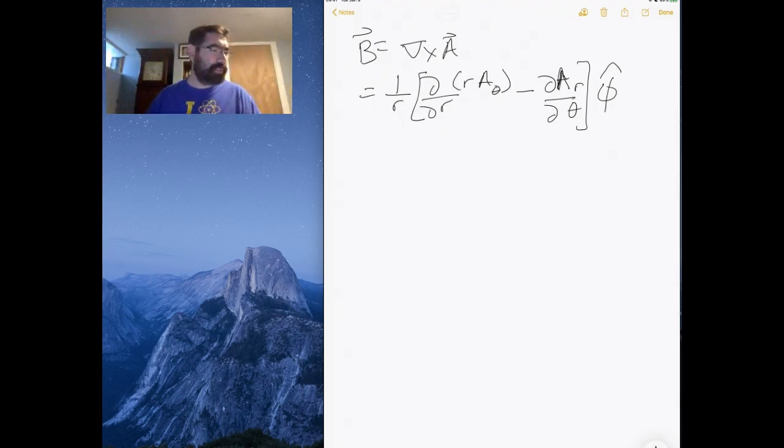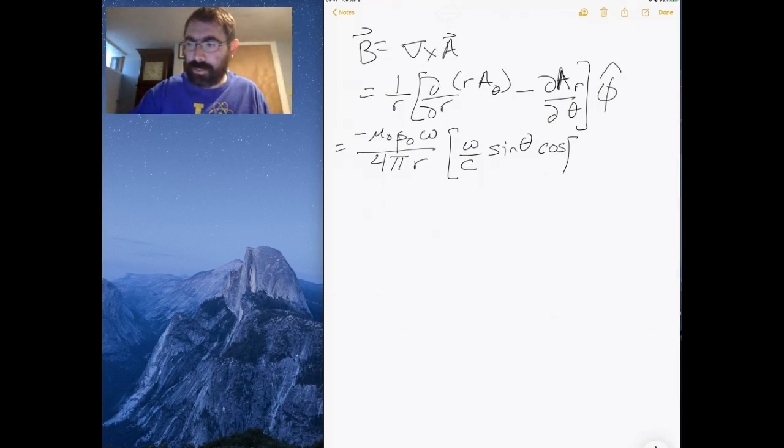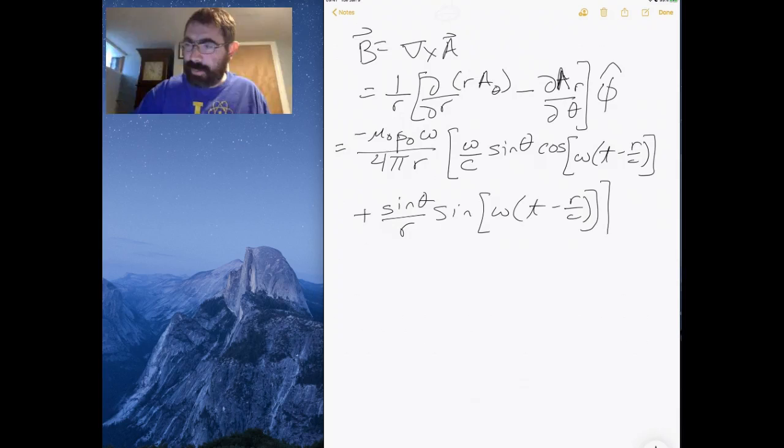Okay, so if we now want to work that out, we would get minus mu naught p0 omega over 4 pi r, times omega over c sine theta cosine of omega times the time part, plus sine theta over r sine of omega t minus r over c, and all of that is in the phi direction.